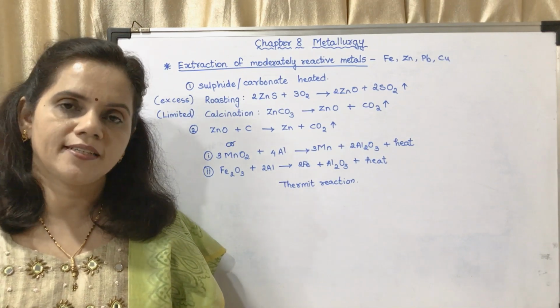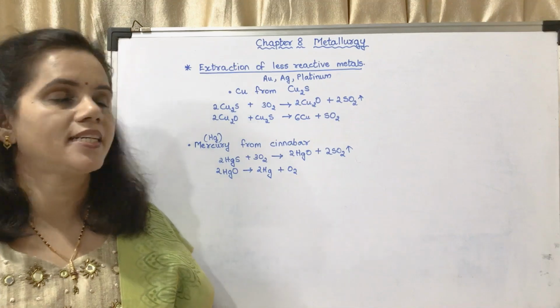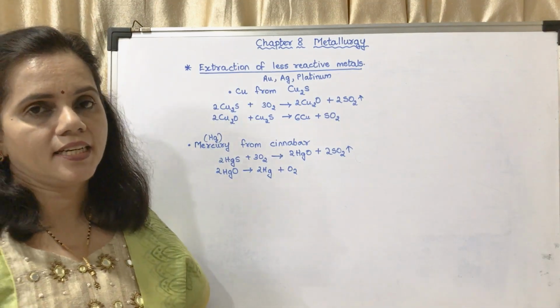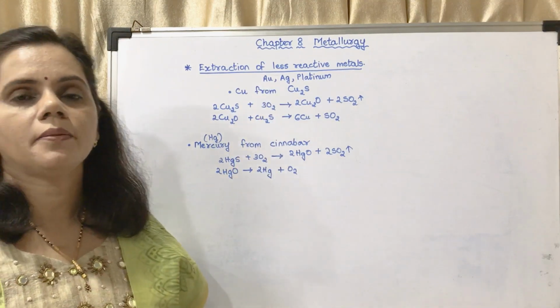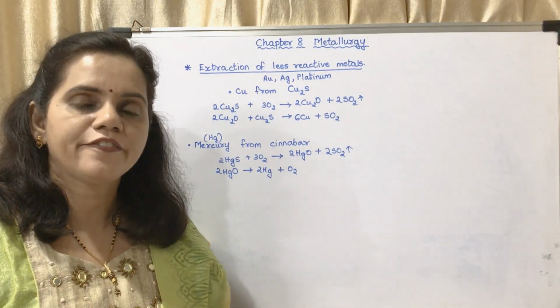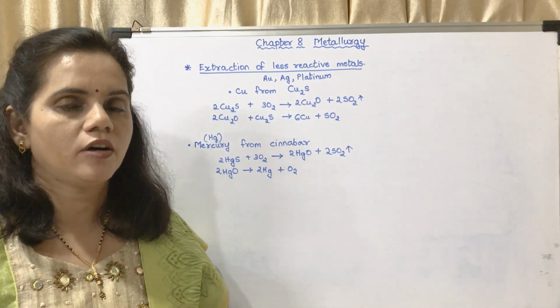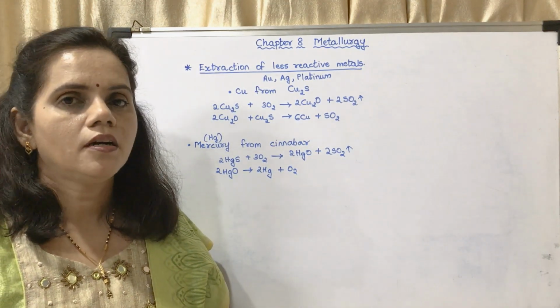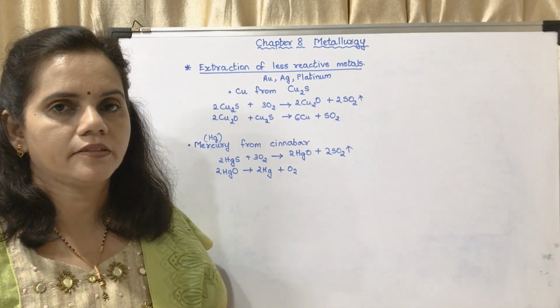Now we may see the third one. This is about extraction of less reactive metals. Examples of less reactive metals like gold, silver, platinum are available in free form, but there are some metals which are available in compound form. For example, copper. Copper could be considered under moderately reactive also and less reactive also.